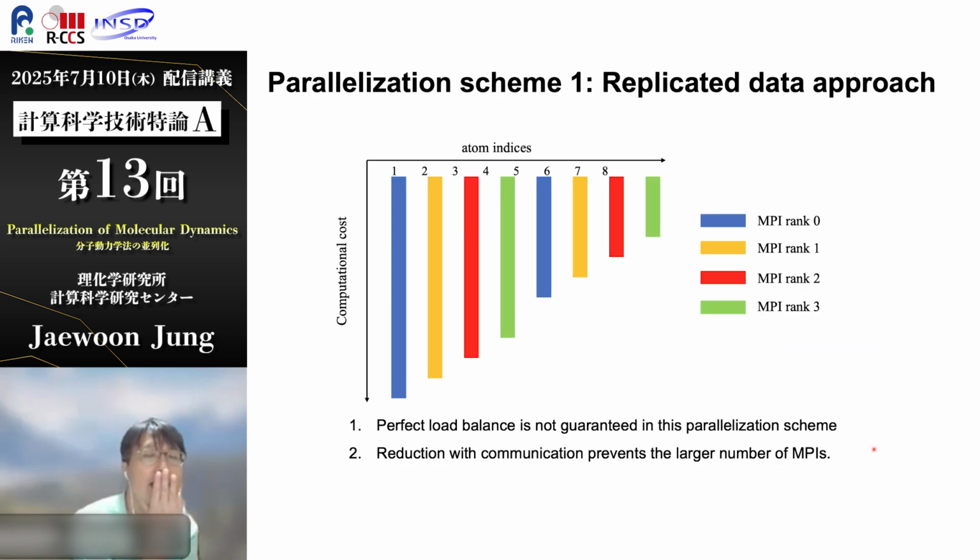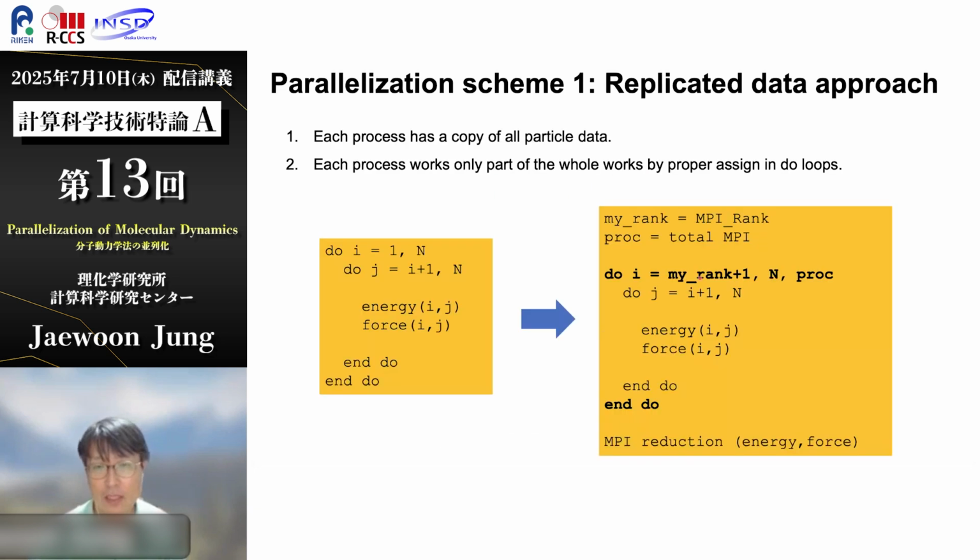But from this example, there are in fact several problems. Let's consider this one. Here, j starts from i plus 1. So if i equals 1, then j starts from 2, so the number of j is large.